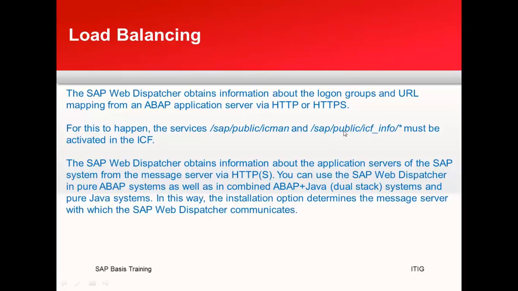These two services have to be active for the dispatcher to do the load balancing. The SAP web dispatcher obtains information about the application servers of the SAP system from the message server via HTTP or HTTPS. You can use the SAP Web Dispatcher in pure ABAP systems as well as combined ABAP plus Java systems and pure Java systems.